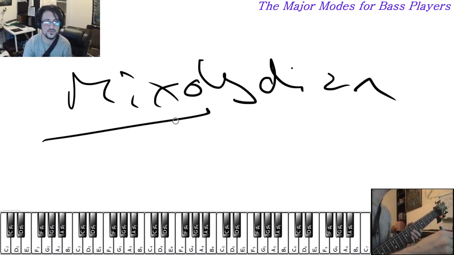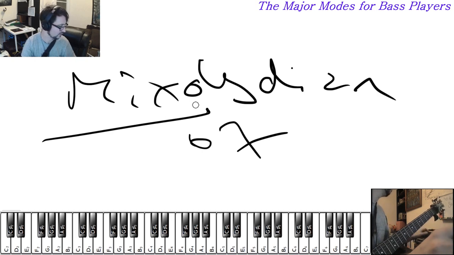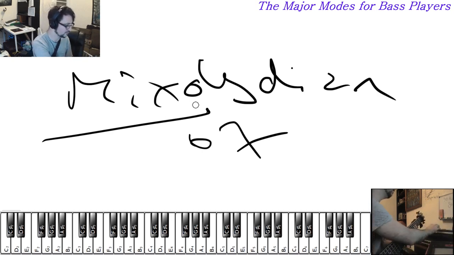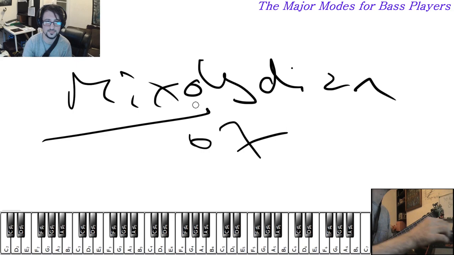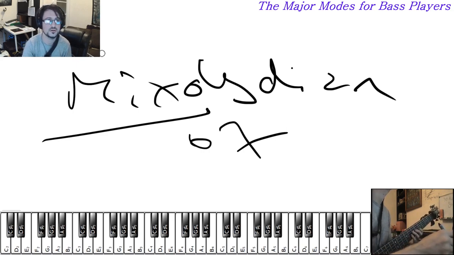And the signifying note of this is it's a major scale with a flat 7. So if you remember that. So if we were, say again, we're in G, he's got that F sharp there. If you flatten that, it becomes G Mixolydian. So it'd be G in the key of C.